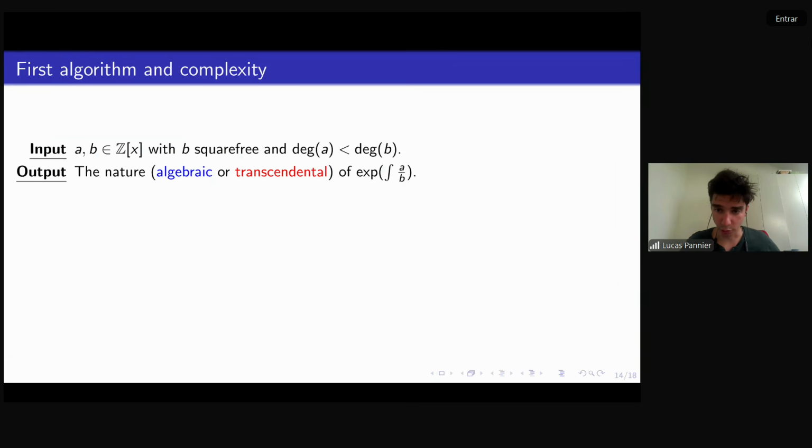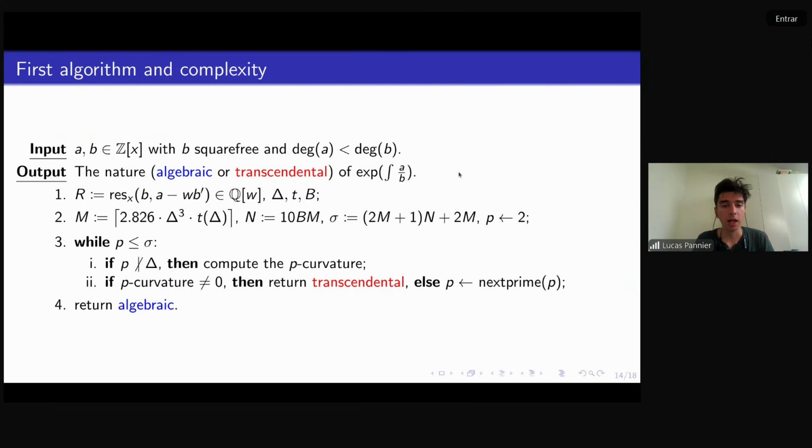This actually yields an algorithm that we can implement, which takes as input the two polynomials of the coefficient of our differential equation and outputs the nature, algebraic or transcendental, of the solution of the differential equation. Well, the algorithm is not very complicated. First, we compute the Rothstein-Trager polynomial and the different parameters associated to it.